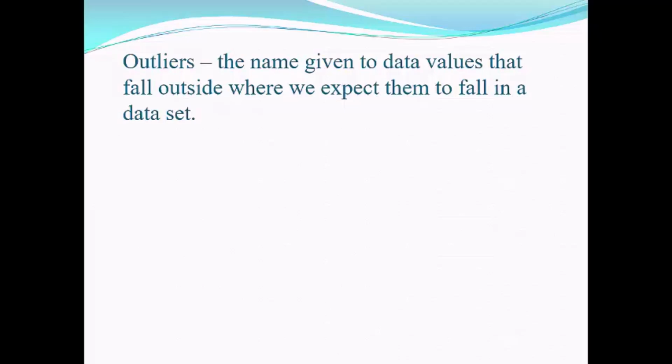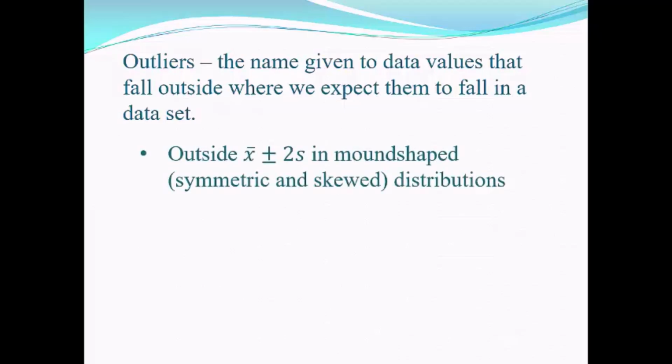And so when we talk about outliers, we're talking about the observations that fall outside where we expect them to fall, the ones that we don't expect to see. Now, the way that we set this up is based upon where we've been. In symmetric distributions, we'd be using the empirical rule.